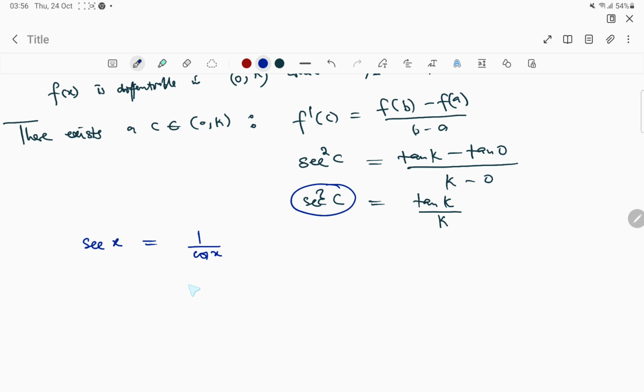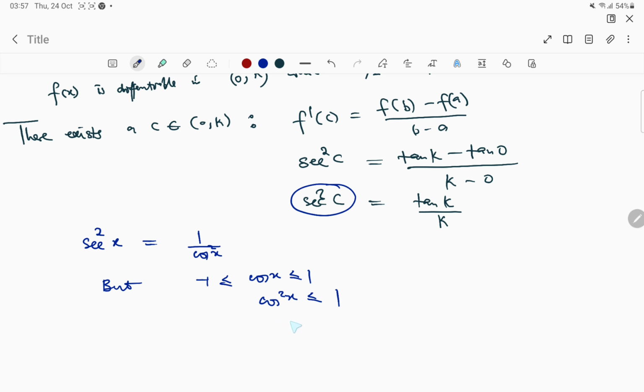So if we could find the bound for cos x, but cos x is actually bounded by -1 and 1. And cos squared now, because we want sec squared, so cos squared x will be bounded by 1, and the lower limit will become 0 because it goes from 0 going up.